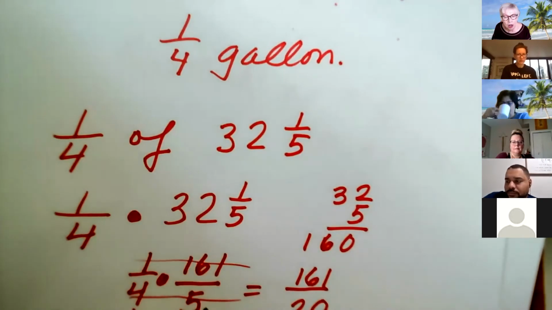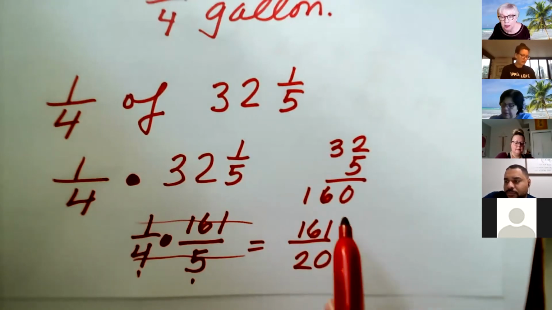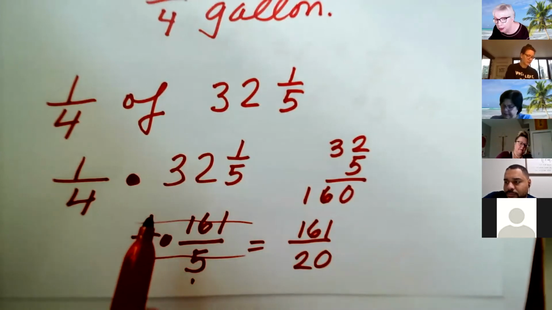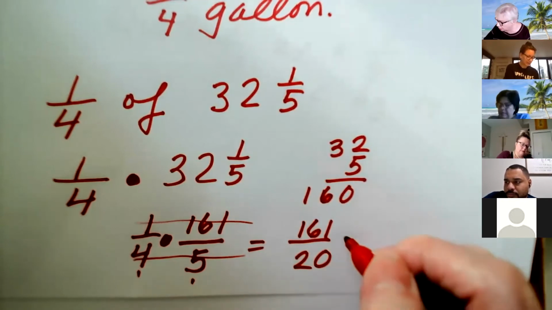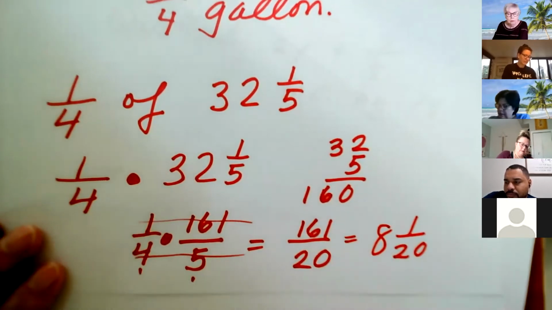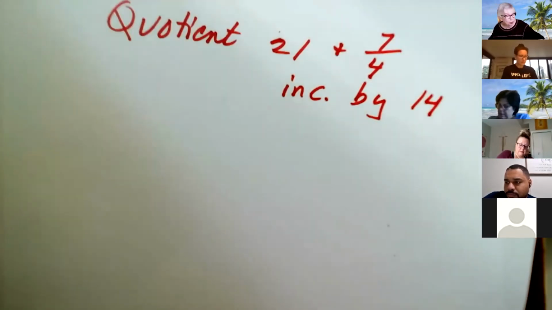When this can't reduce, it is a wasted effort to look for factors that will divide this. You can see it much more clearly here. So don't be thinking this is going to reduce. The only thing I could do was make it an improper fraction into a mixed number. That's the only thing I could do. And I think that's what they wanted.